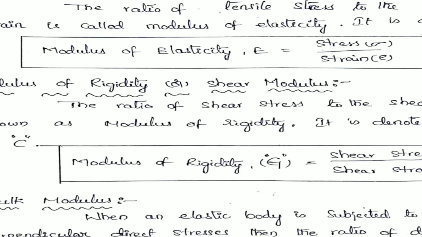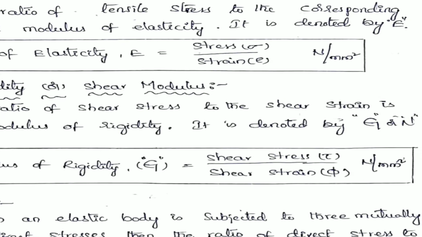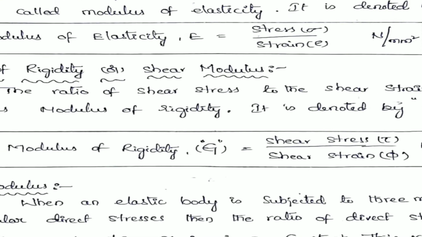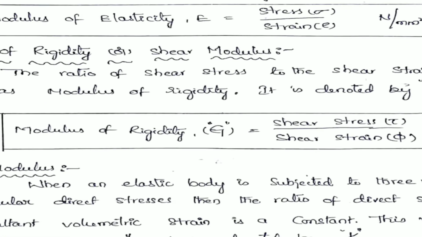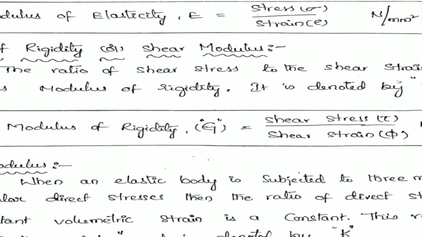It is denoted by capital G or capital N. Finally, the formula: modulus of rigidity G is equal to shear stress tau by shear strain phi. Finally, the units are Newton per mm square or Newton per meter square.